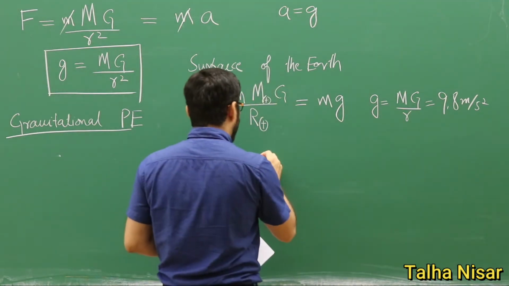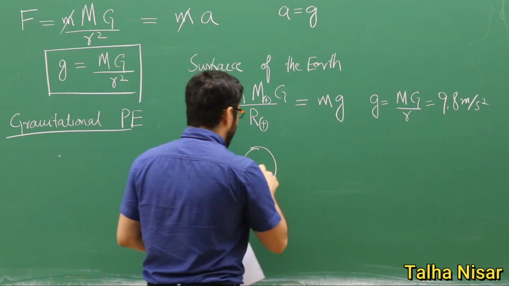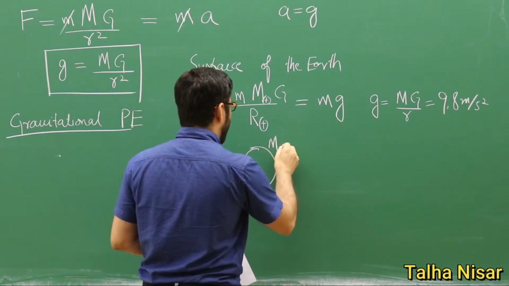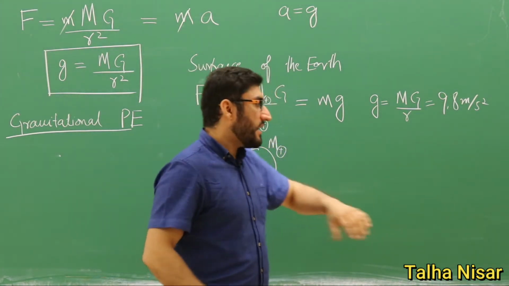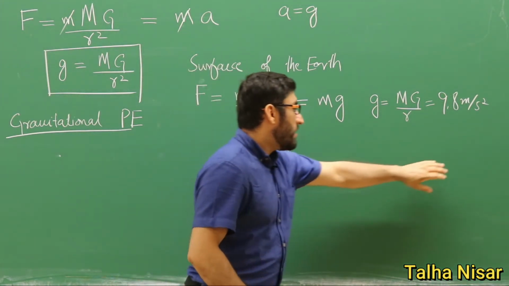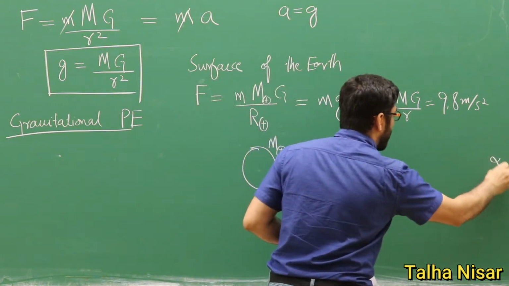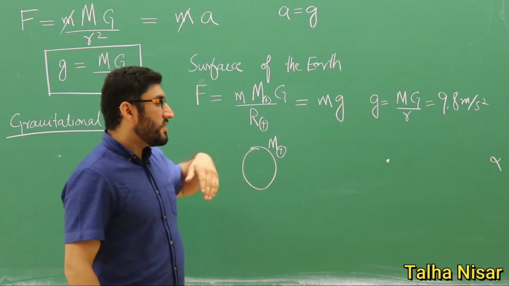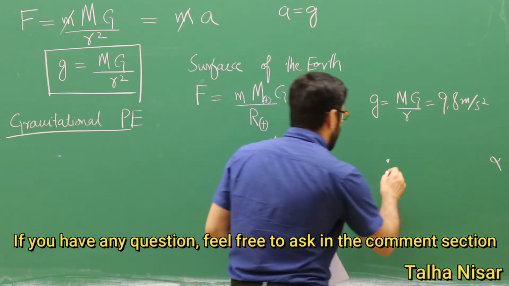What we were talking about is that gravitational potential energy is, for example, this is the earth which has a big M mass, and I bring something as a small mass to a point P from infinity. Infinity is far away from the earth, and we do not feel this gravitational force.